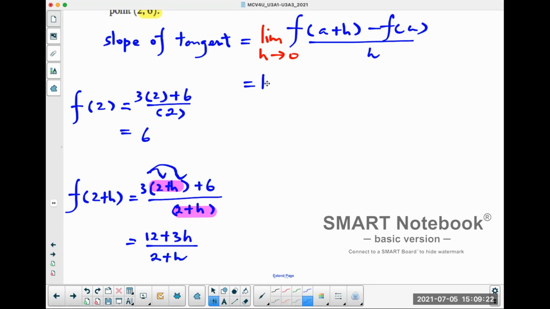So this becomes the limit as h approaches 0 of 12 plus 3h over 2 plus h minus 6, over h. And many students struggle with fractions, right?